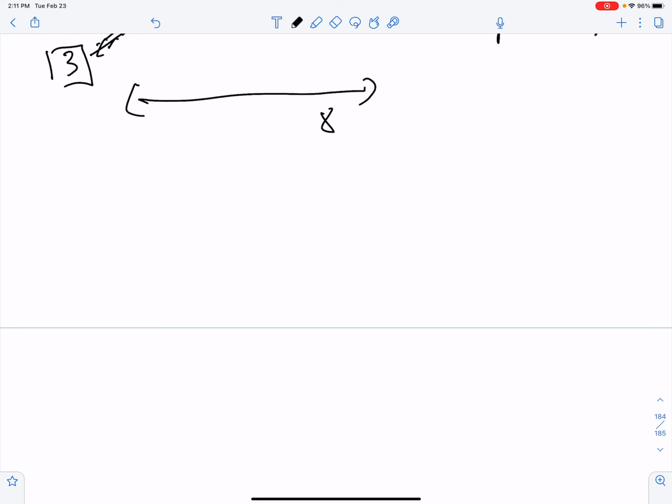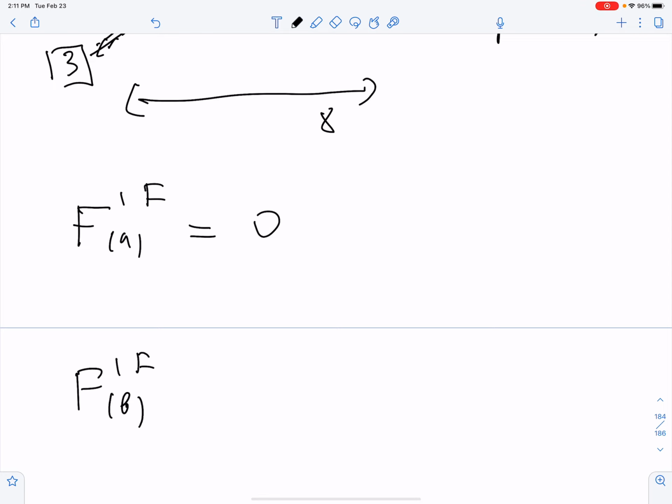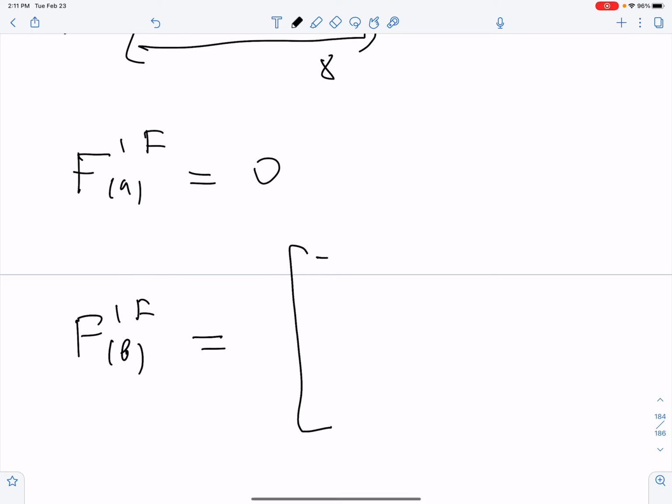Then F prime F for element A is 0, since there's no distributed load. F prime F for element B is minus WL over 2, 0, minus WL over 2, 0.